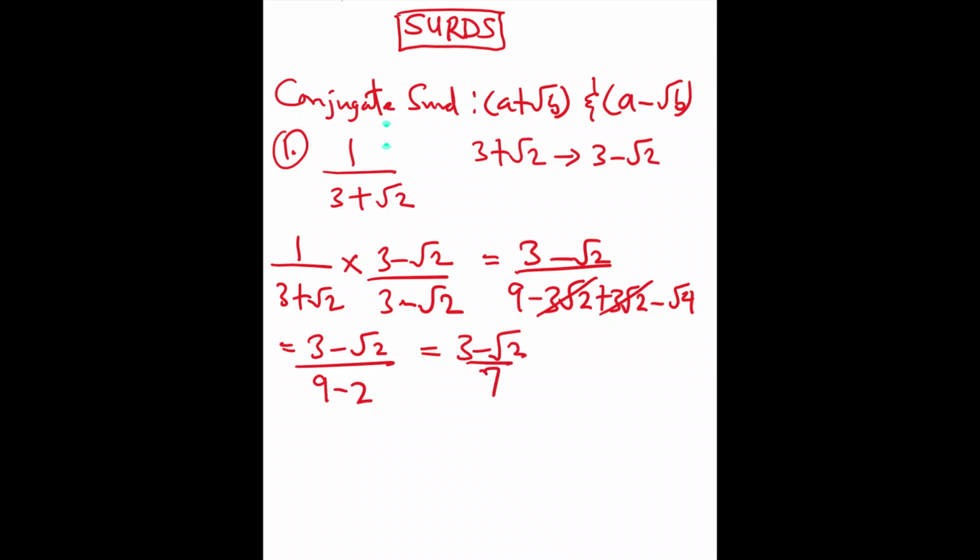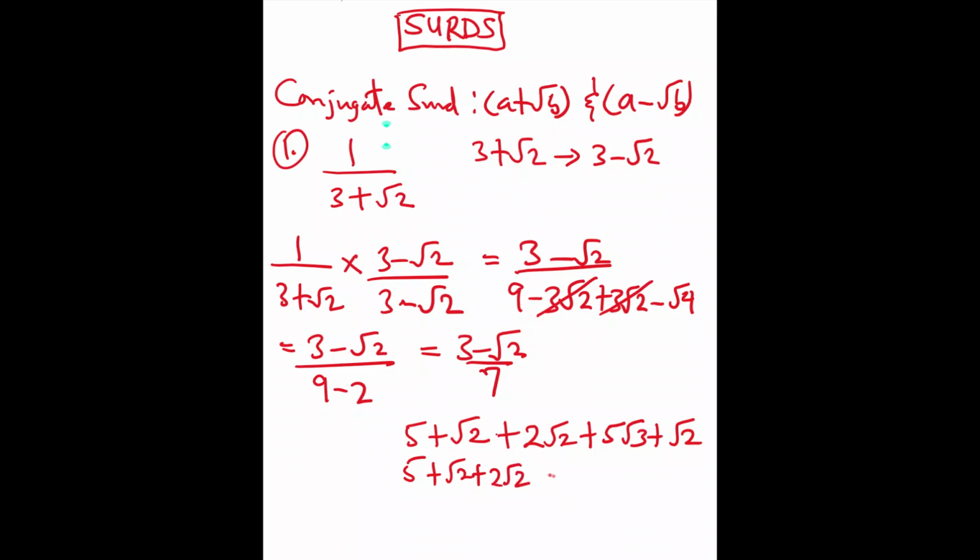Also, you need to know that when you are adding or subtracting, you add terms with the same square root together. For example, let's say you add terms like 5 plus root 2 plus 2 root 2 plus 5 root 3 plus root 2. When we collect the like terms, all the root 2s, you bring them together.